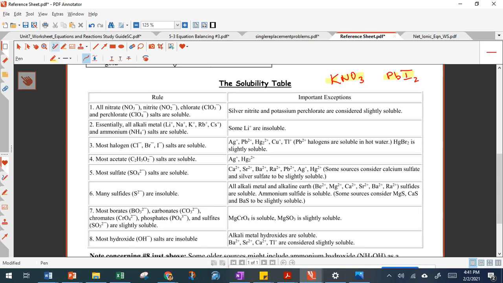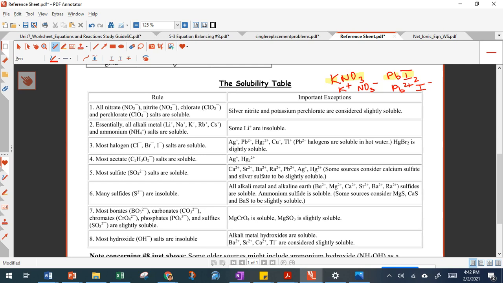So our cation in the first place is K+, our anion is NO3-, our cation in the second place is Pb2+, and our anion is I-. So we're going to start with the solubility rules, and I'm going to examine first the potassium nitrate. I'm going to look for a solubility rule that applies to either potassium, in this case K+, or nitrate. Once I find a solubility rule that applies to one of these, I will stop.